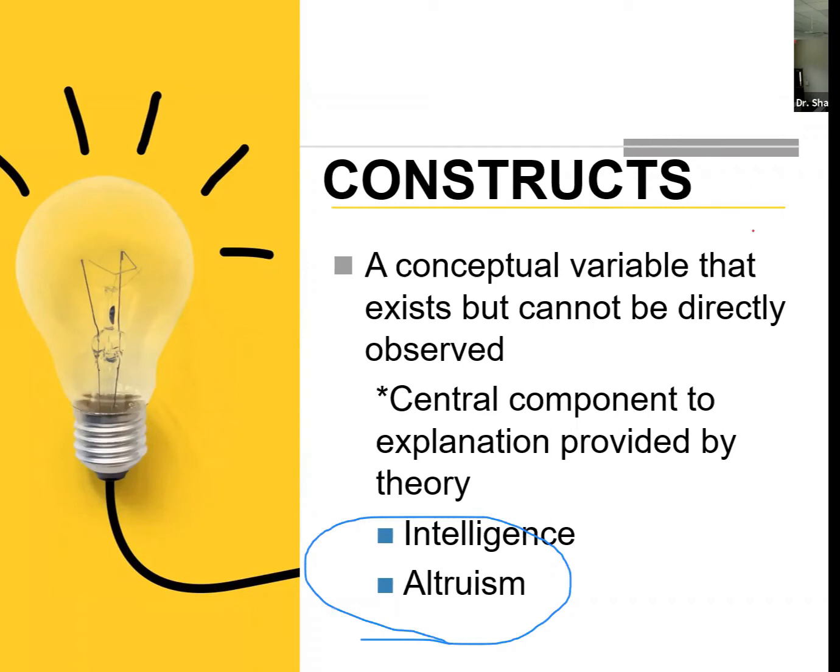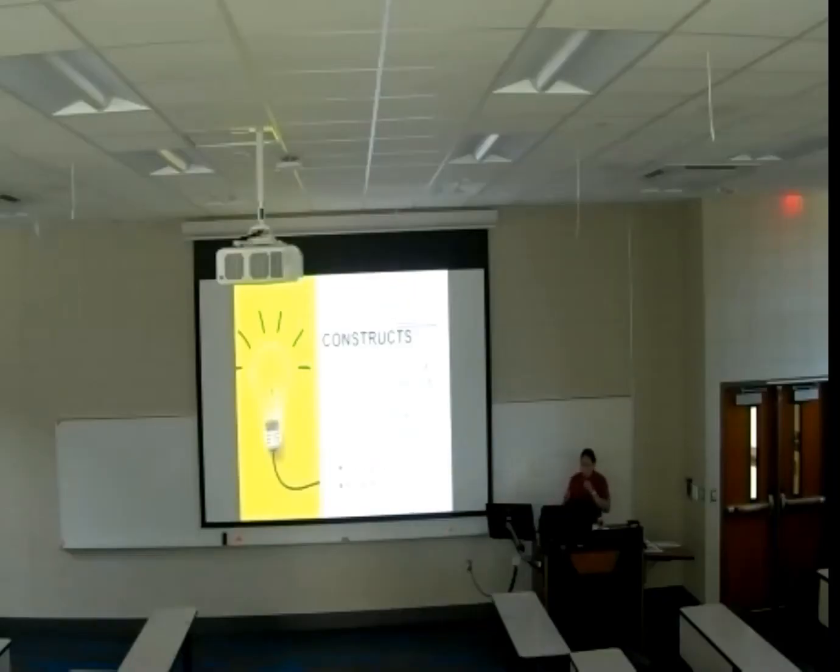Now, something interesting about a construct is that we also see the external factor of a construct. What do I mean by the external factor of a construct? What we're looking for is the observable behavior or an event that is presumed to reflect that construct.